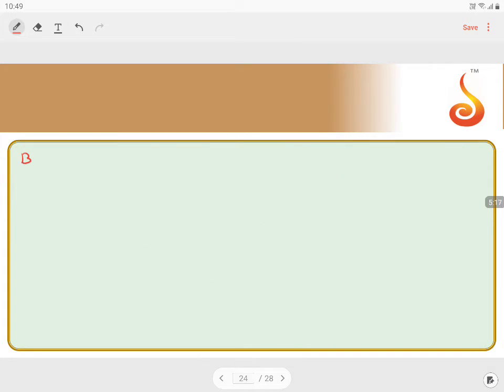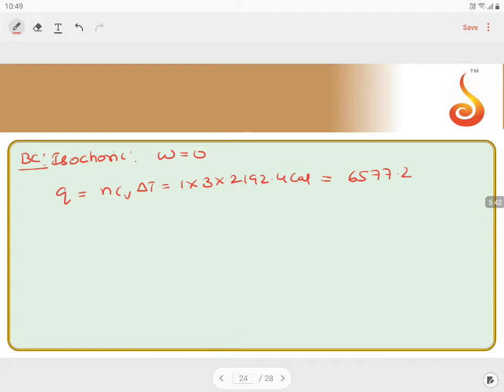Now BC, an isochoric process. In an isochoric process, W is equal to 0, and Q is equal to n Cv delta T, that is 1 into 3 into delta T, 2192.4, which equals minus 6577.2, where there is a negative sign because delta T here is negative.